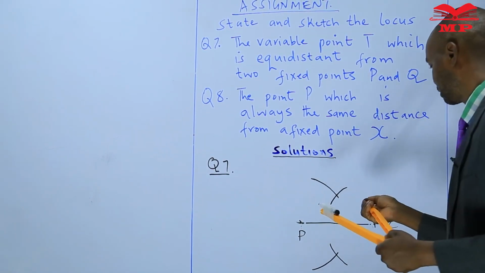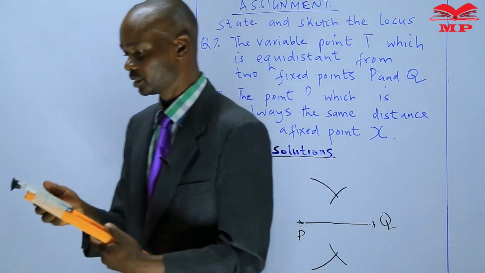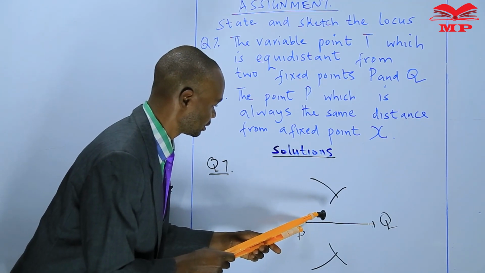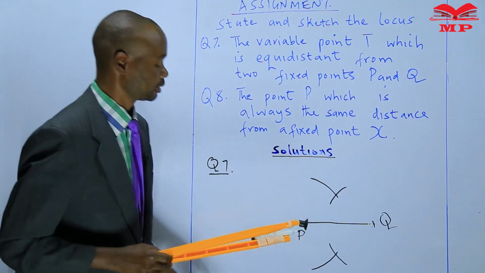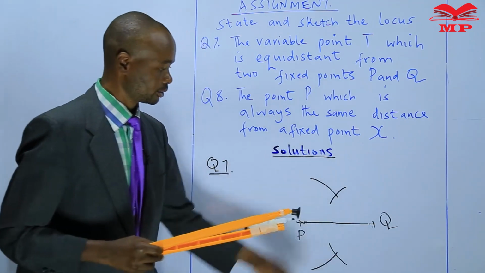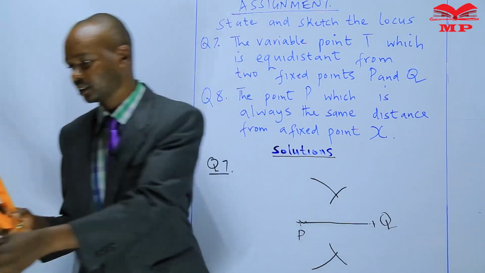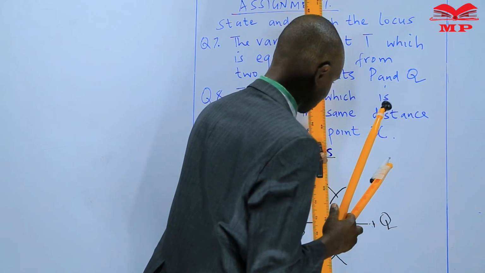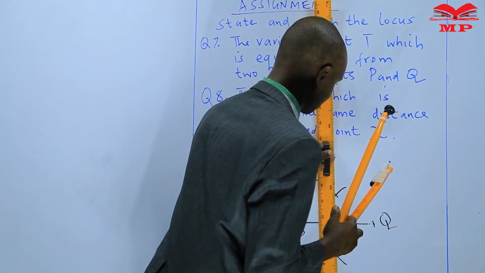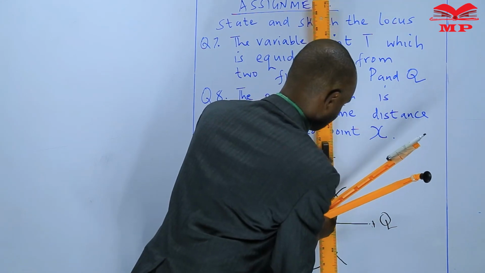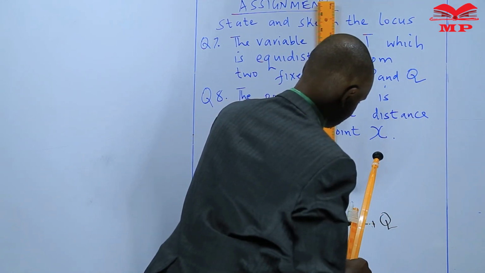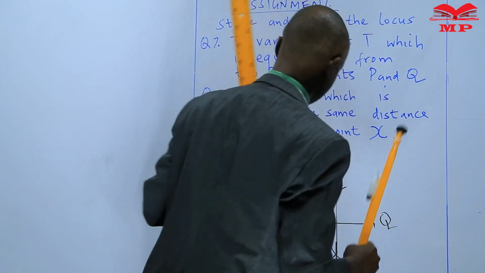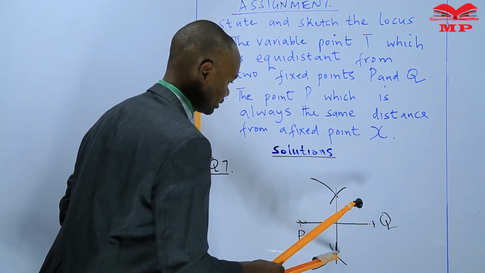Then remove that. The two intersections I'll join using a straight edge, a ruler, and draw my line.